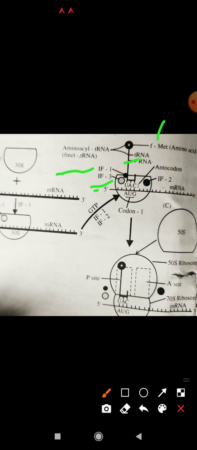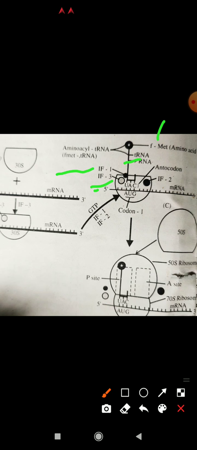This AUG codes for N-formylmethionine in case of prokaryotes and methionine in case of eukaryotes.